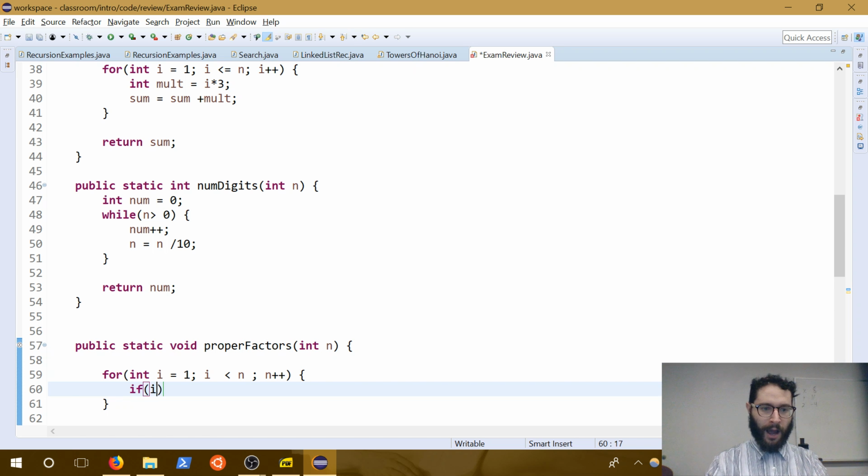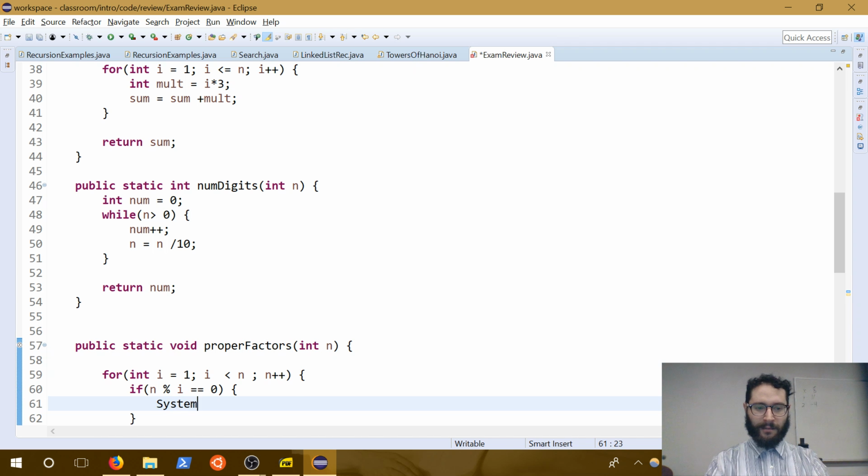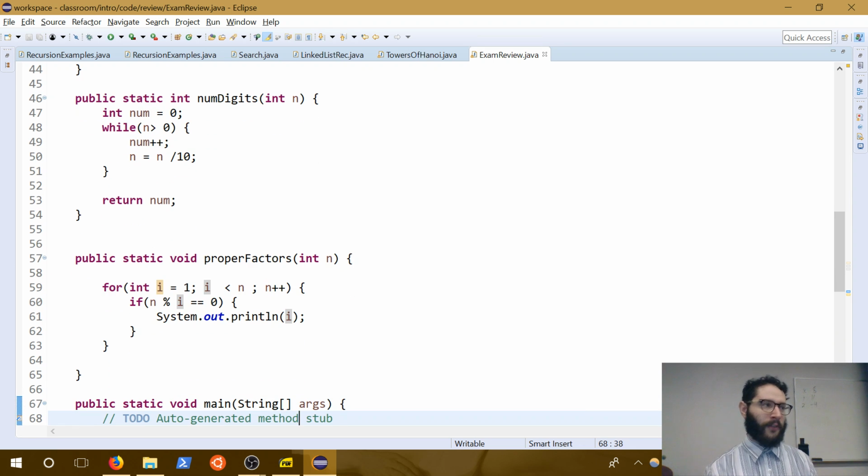So if n mod i, if n is divisible by i, System.out.print, and I'm actually not going to care that they're all going to be on different lines because it's an exam and time is money. Print out the ith number. So if n can be divided by i, print it out.